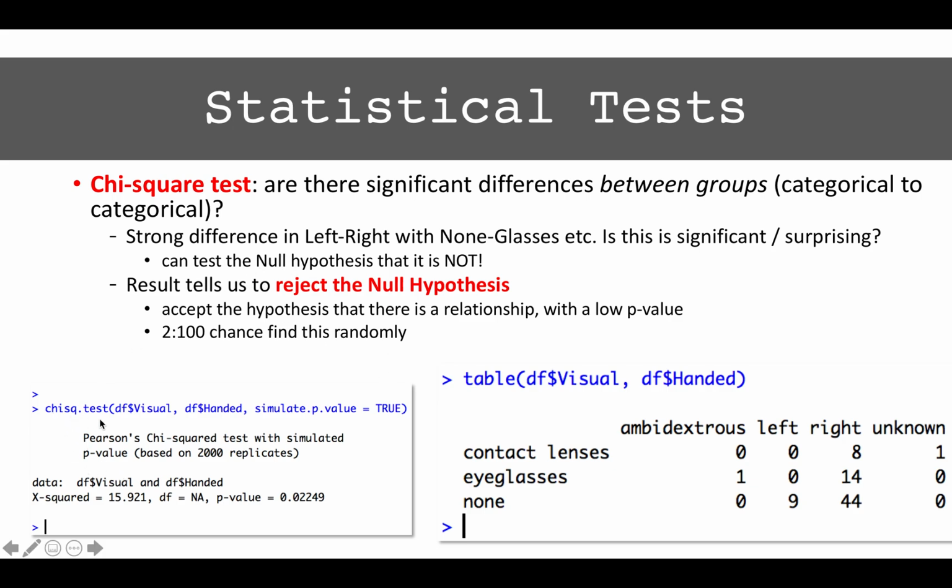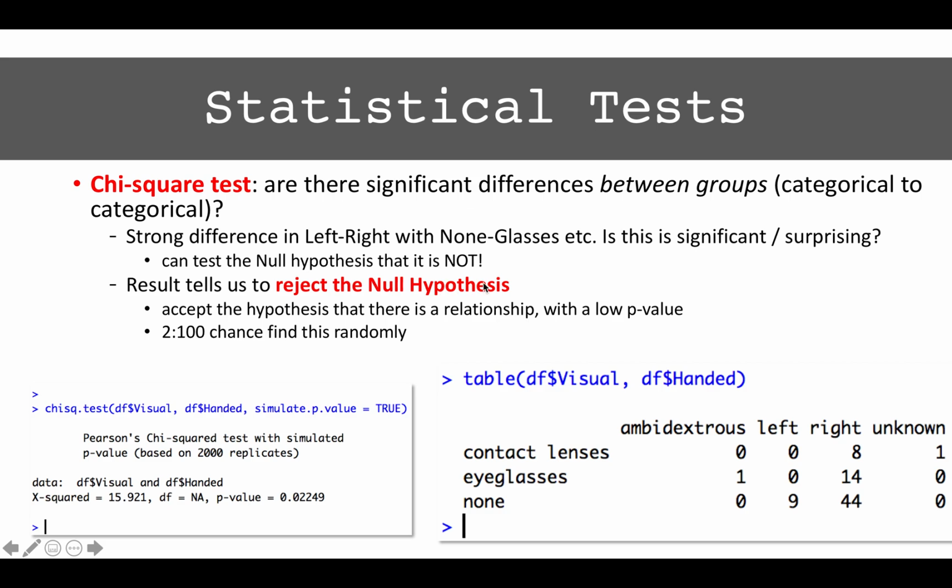And here's the chi-squared test. We put our data in, and because we've got low counts in the groups, we put in simulate.p.value equals true, and that just does a bit of Monte Carlo simulation to help reinforce the statistic. In this case, the p-value is 0.02, which is much less than 0.05.